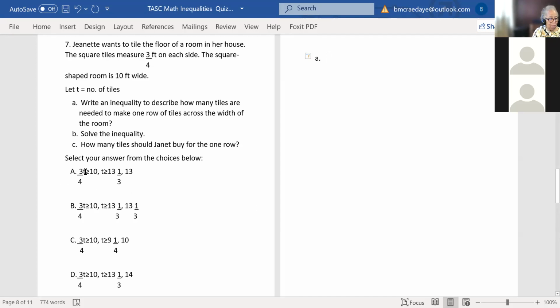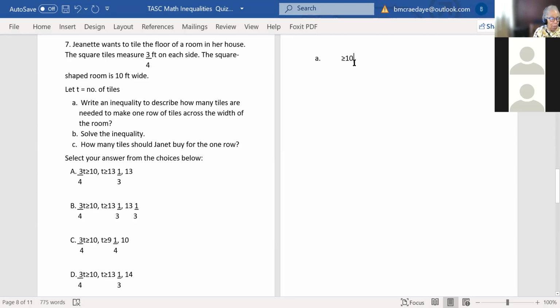That's in all cases. So let's put greater than or equal here. And the width of the floor is the 10, right?